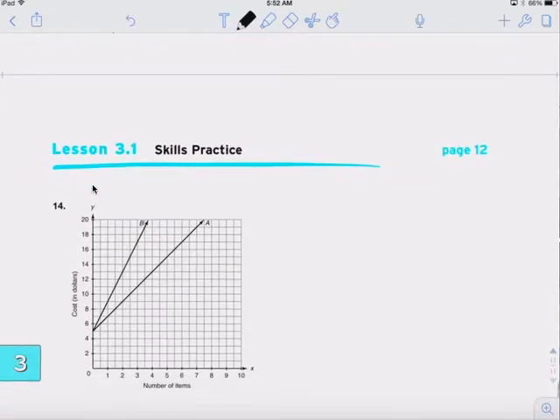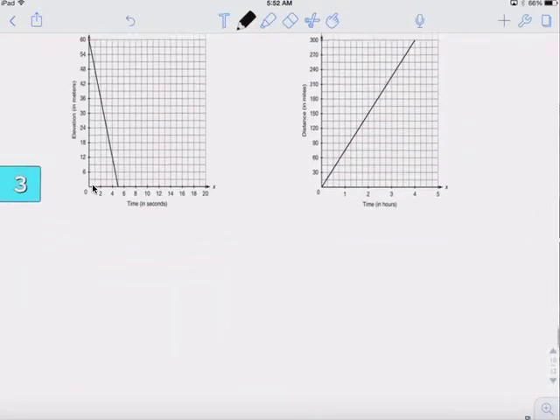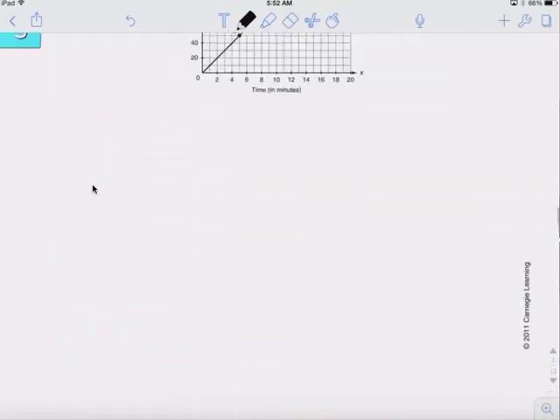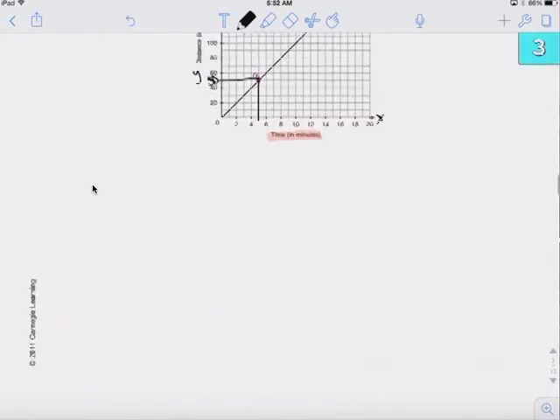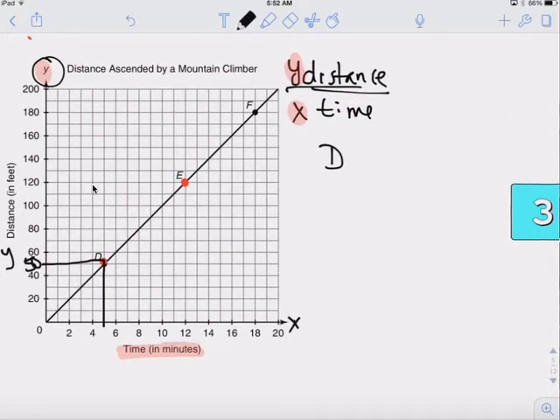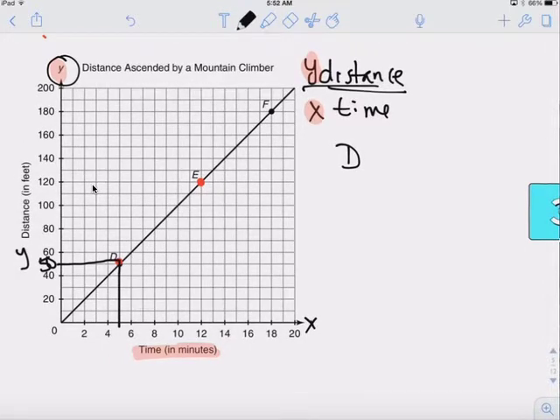Cost over number of items, same thing. So it's very important you understand it's whatever y is, the dependent variable, over the independent variable. So distance over time, so y over x. I'm going to start saying y over x.